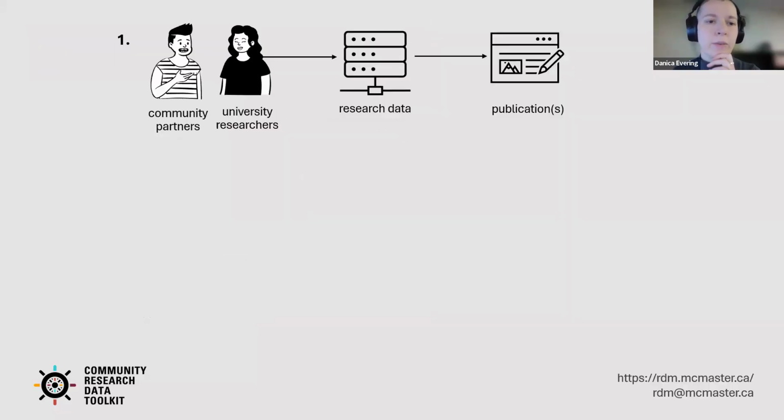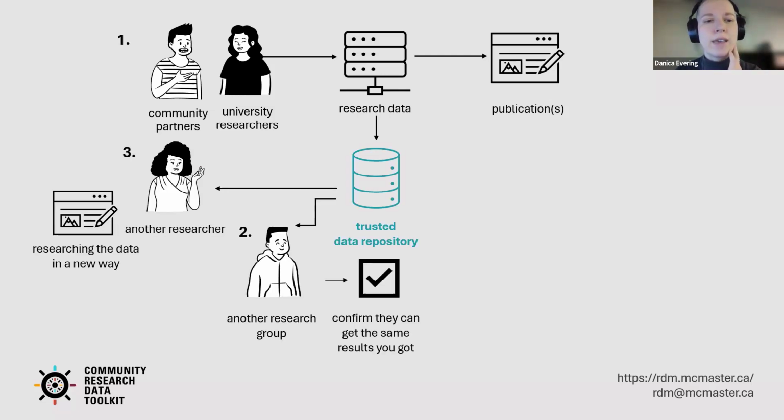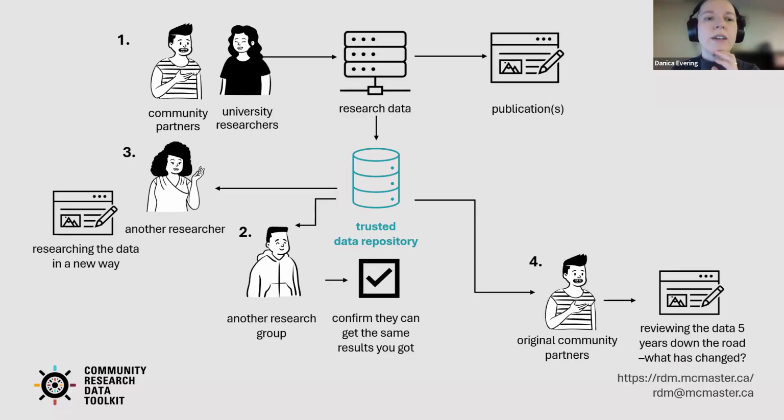But what it could look like in a community context is a research team spanning a community and university that then puts their data in a trusted data repository, but under restricted access. And then there might be ways to have other researchers research the data in new ways. Everyone is so strapped for time. So if we can use the same data set again, and have some agreements around that, it might be really helpful.